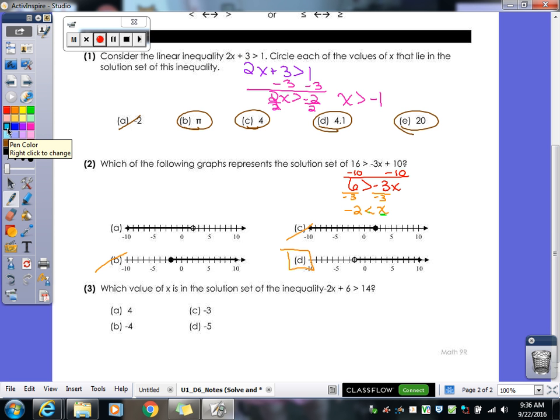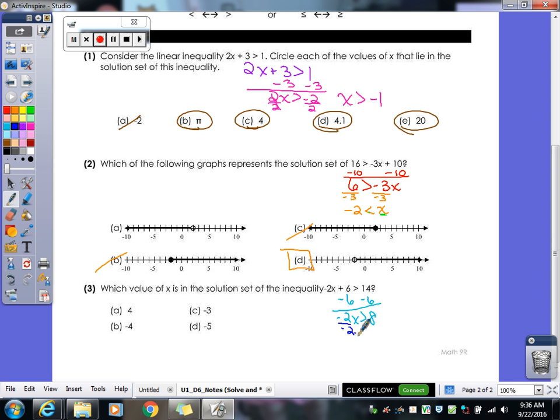Okay, third one. Which value of x is in the solution set of the inequality negative 2x plus 6 is greater than 14? So again, solve for x first. So we'll subtract 6. We get negative 2x is greater than 8. What will we divide by?